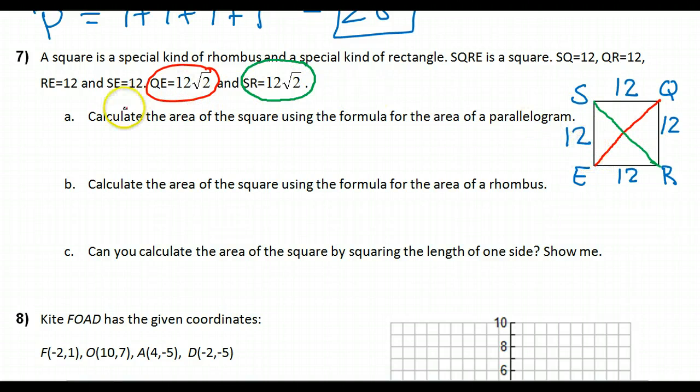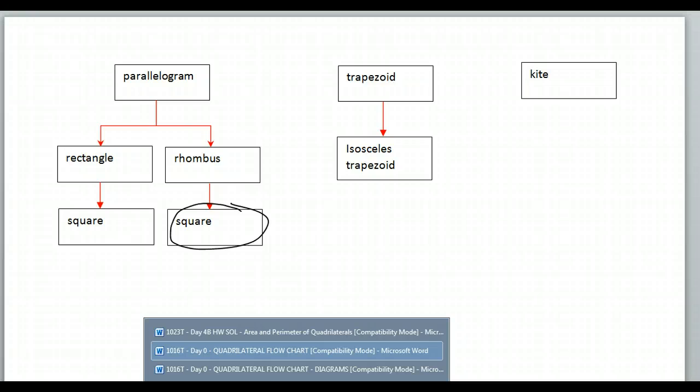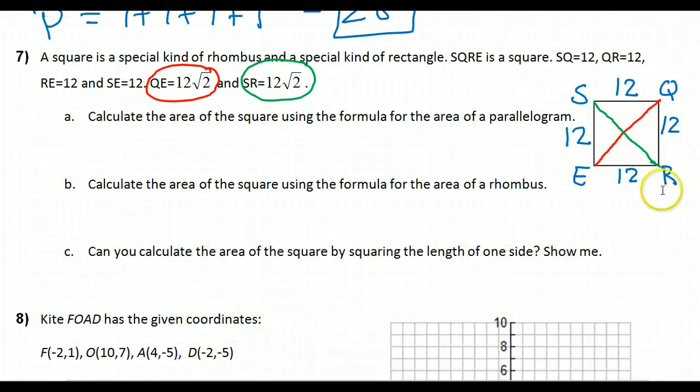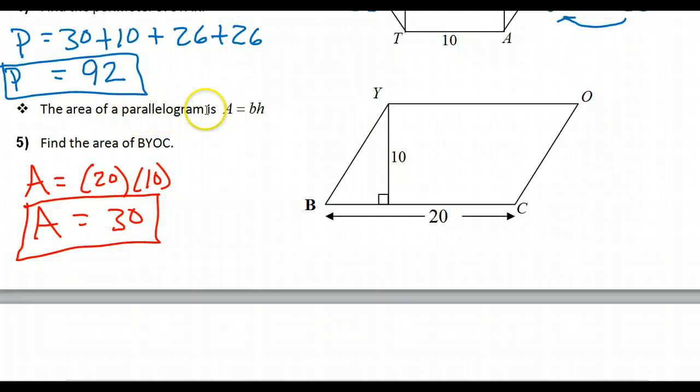Keep that in mind. Now, let's calculate the area using the formula for the area of a parallelogram. Of course, we know that a square is a special parallelogram. So there's no reason why I shouldn't be able to use the formula for the area of a parallelogram, which is base times height.